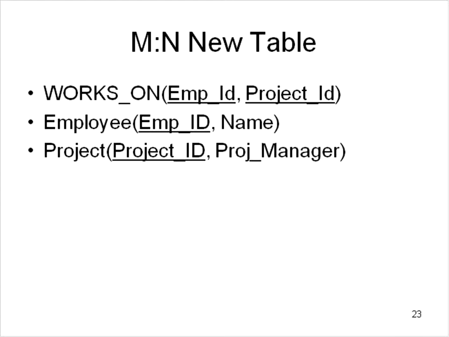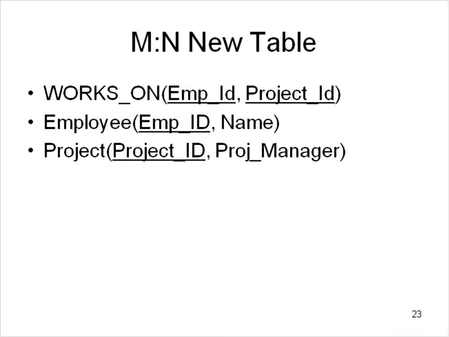And you form a separate table for the relationship works on. Notice that the works on relationship takes the primary key of the first entity, employee ID, and the primary key of the second entity, project ID, puts them together, underlines them, and that's the primary key of the works on relationship.